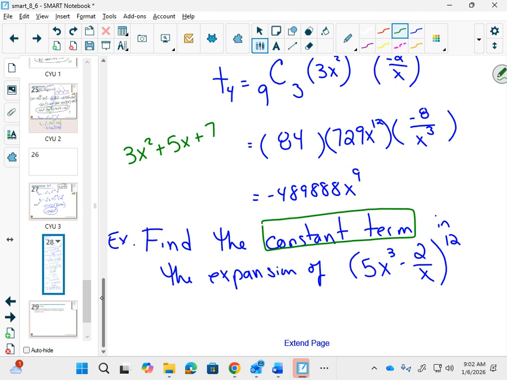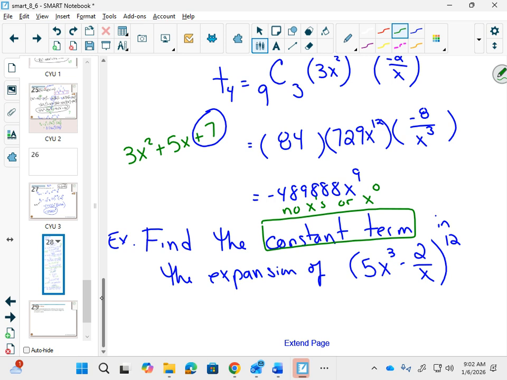Sometimes we need that trigger of a question, like, oh, what did it look like in grade 9? The constant term is 7. What does that mean for us? There would be no x's.